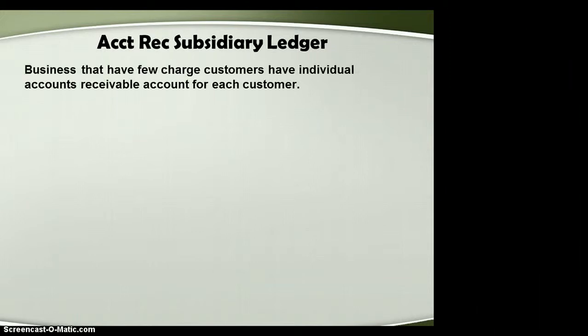Something we're introducing that's going to be new to you in this section is an accounts receivable subsidiary ledger. A lot of businesses that have few customers might have individual accounts receivable for each customer, and that's what we dealt with in Accounting 1.